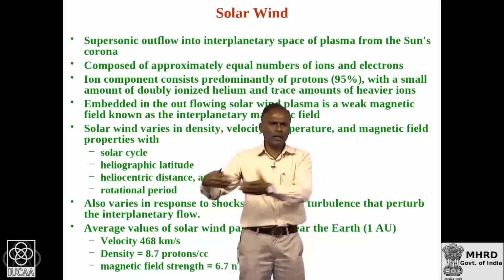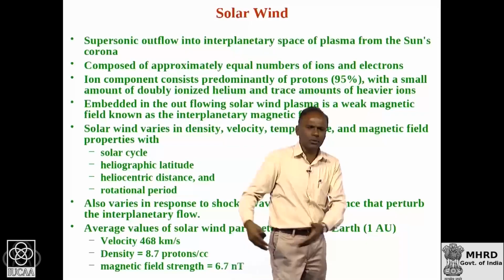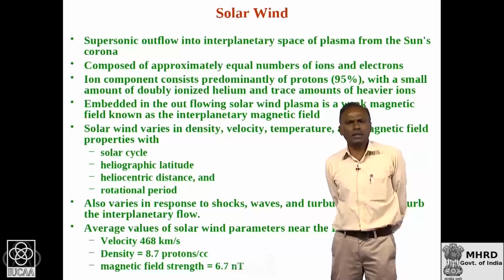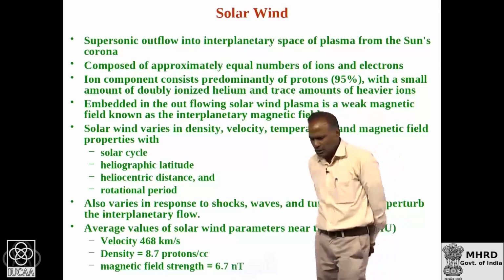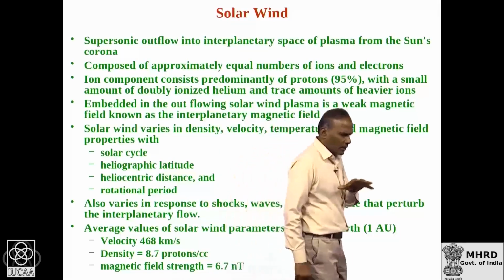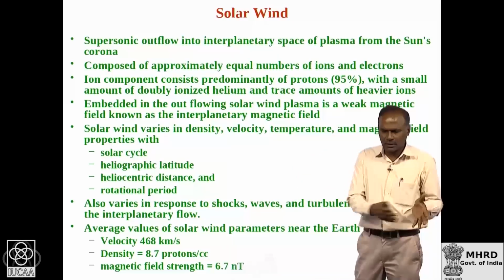If you extrapolate to study the solar wind at about 10 AU, or at the edge of the solar system, these numbers will vary, but typically the solar wind speed does not vary drastically with distance from the sun.